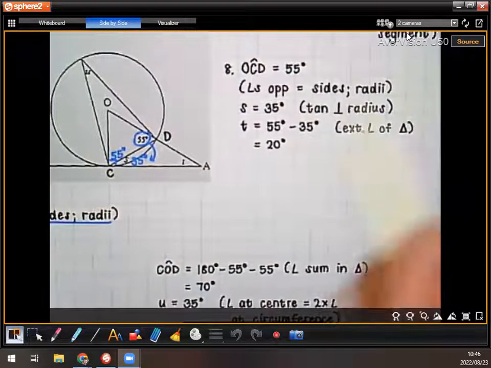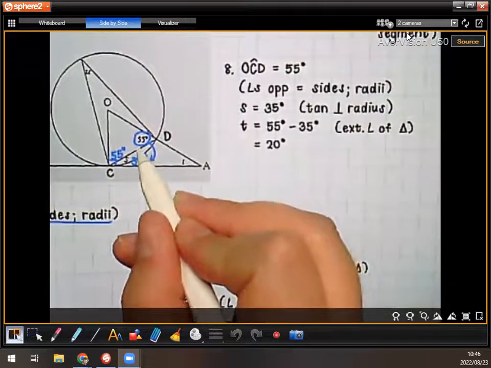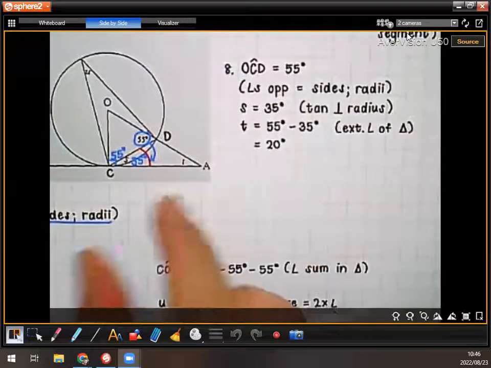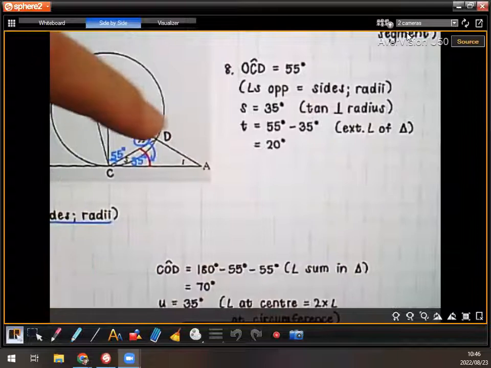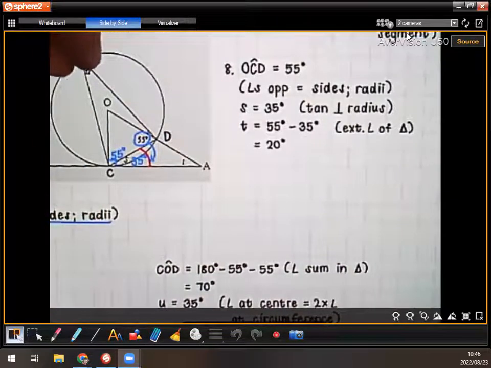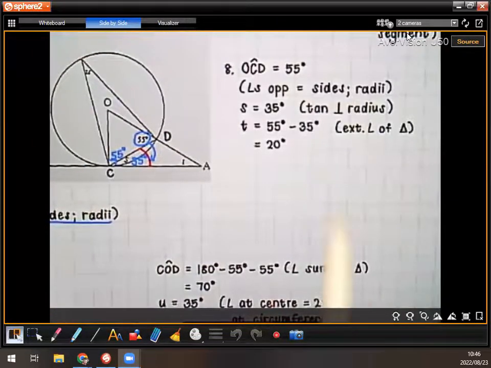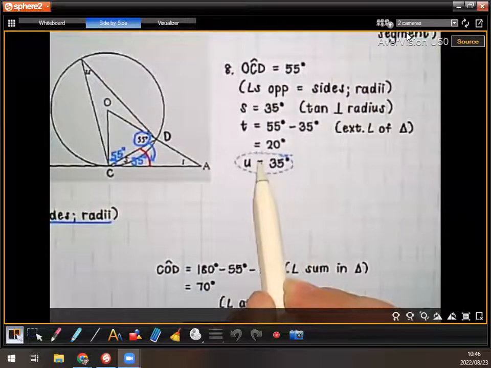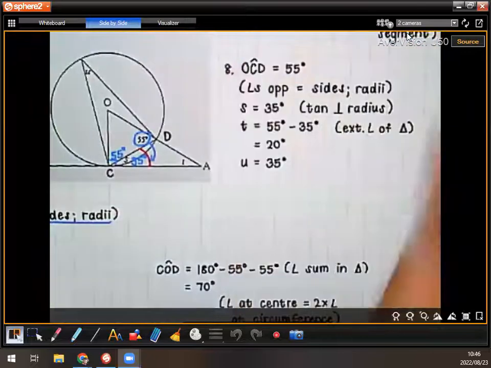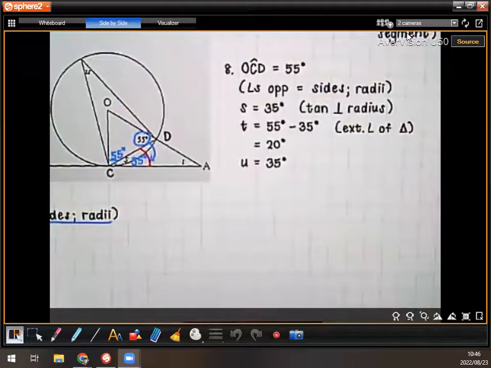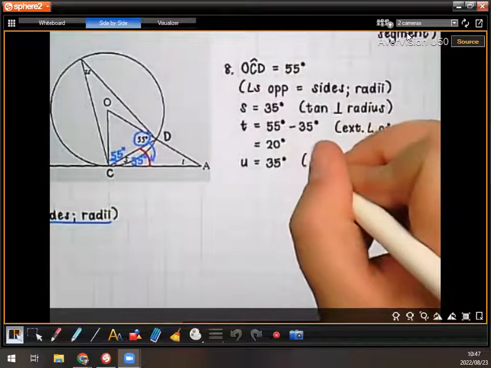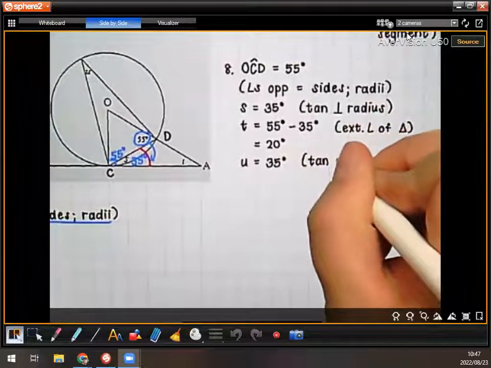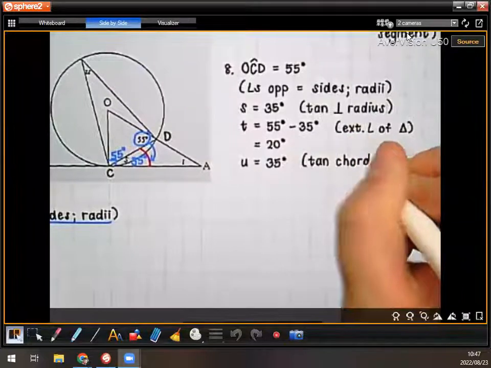So if you have this 35-degree angle here, that is between the tangent and chord CD, and CD then subtends angle U. Alright, so U is just 35 degrees because of tan chord there. You didn't need to do all these extra calculations. So that reason is here.